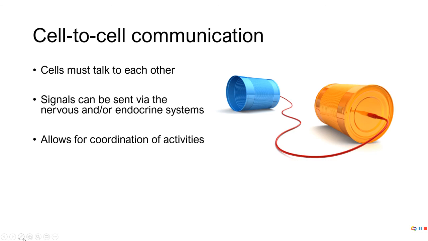There are places where you're going to keep blood flow high, whereas other places you're going to divert it. These are things that we don't have to think about, but in order for all of this to happen, your cells are communicating with each other.